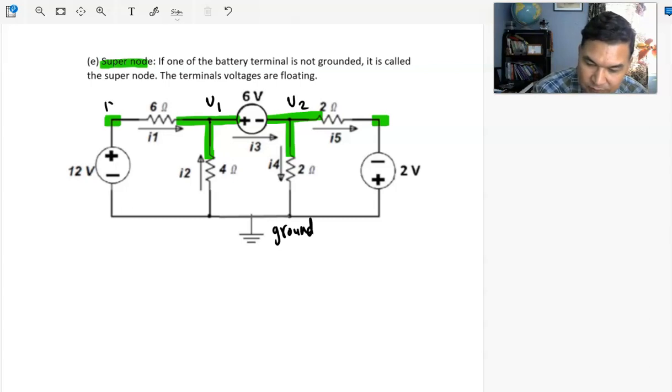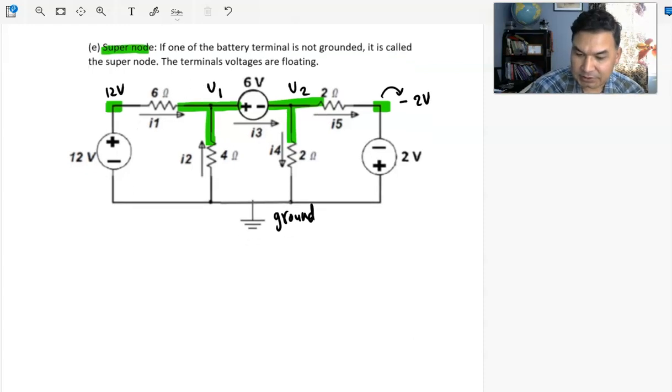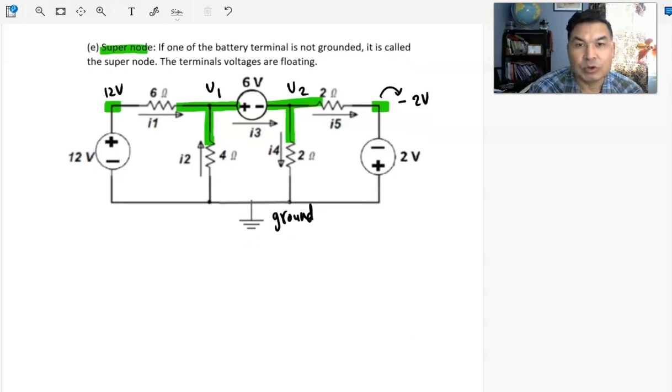So this is at 12 volts, and this is at negative 2. Make sure you understand why this is negative: because this battery is flipped. The positive terminal is grounded, so this point is at negative 2 volts with respect to 0 volts. And then it turns out there are only two unknown voltages, V1 and V2. And once you have V1 and V2, you can calculate everything, all the currents.